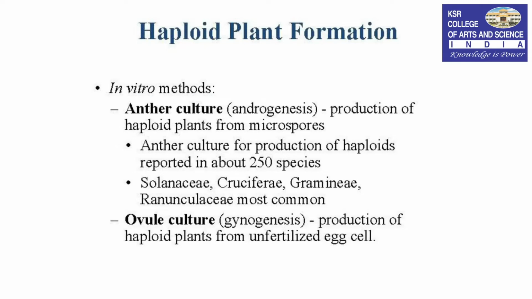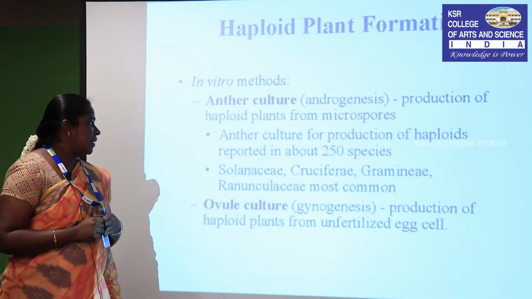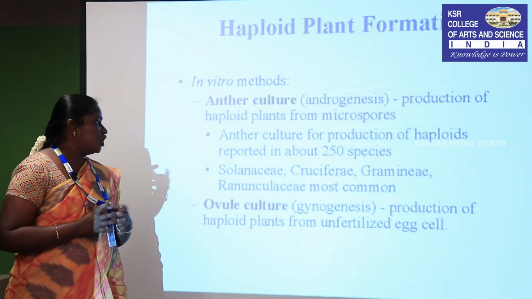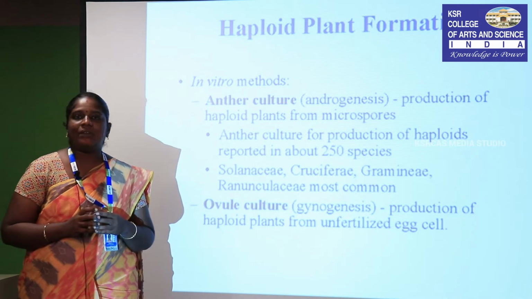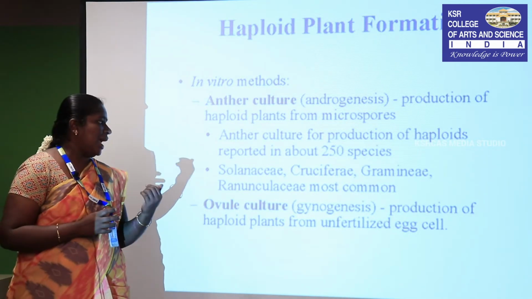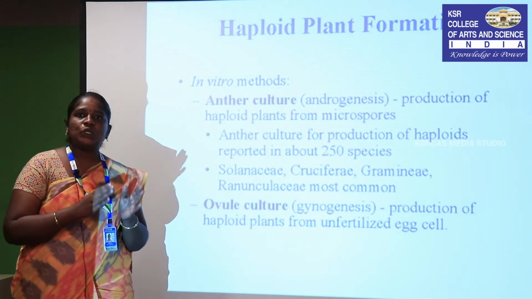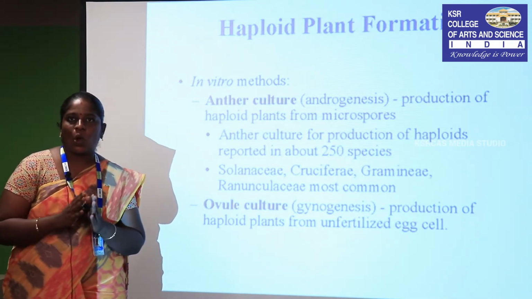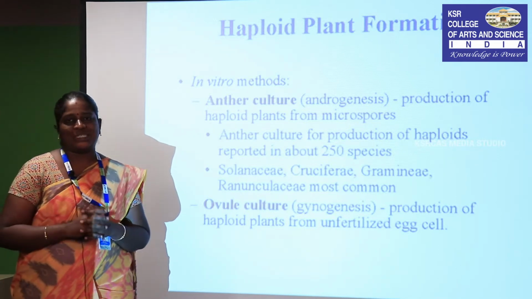Solanaceae, Cruciferae, Gramineae and Ranunculaceae are the most common families involved in androgenesis. The next method, gynogenesis, is the production of haploid plants from unfertilized egg cells. Egg cells are involved in gynogenesis. So, two methods are involved in haploid plant formation.